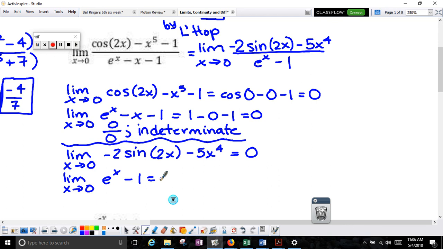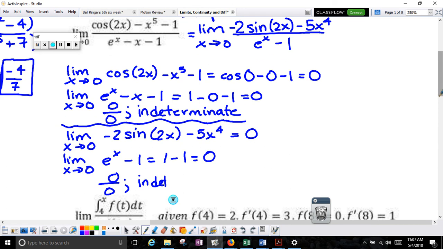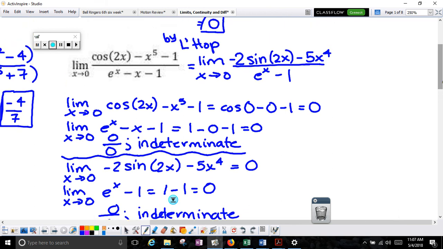Again, that's 1 minus 1, which does indeed give us 0. So we have, again, our indeterminate form of 0 over 0. Okay, so I've justified the applicability of L'Hopital's rule.